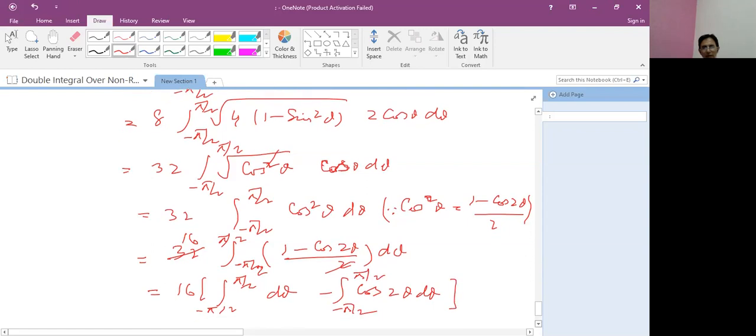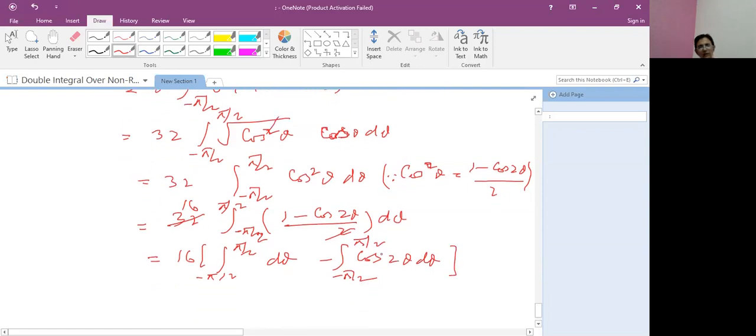So student, when we find the integral, it is theta from minus pi by 2 to plus pi by 2. And for the next part, minus the integral of cos 2 theta, it is sine 2 theta upon 2, minus pi by 2 to plus pi by 2.